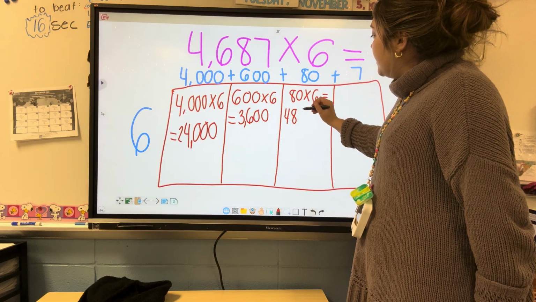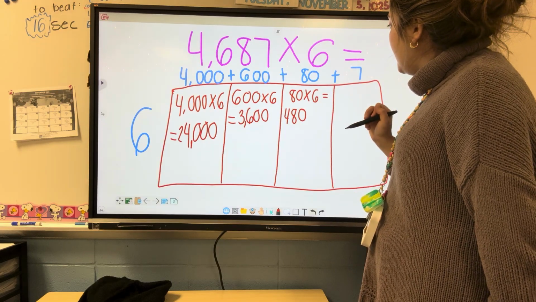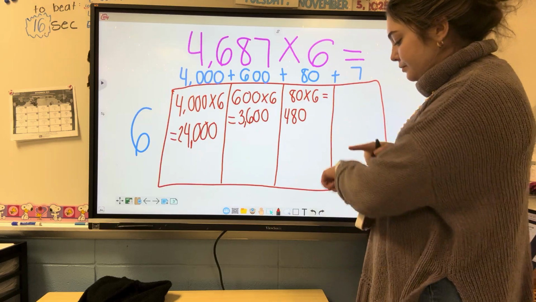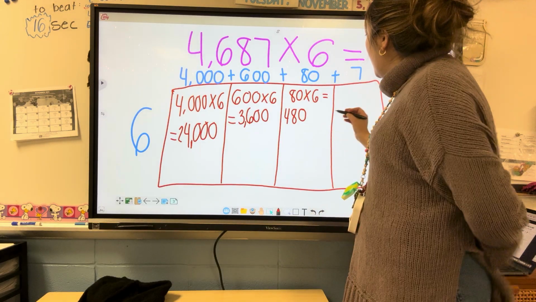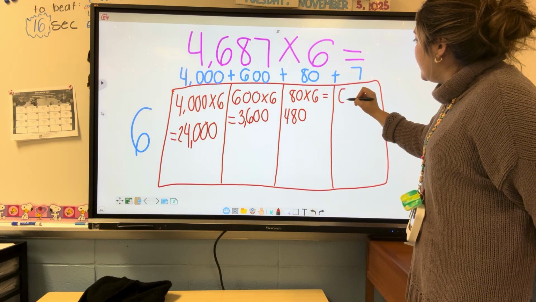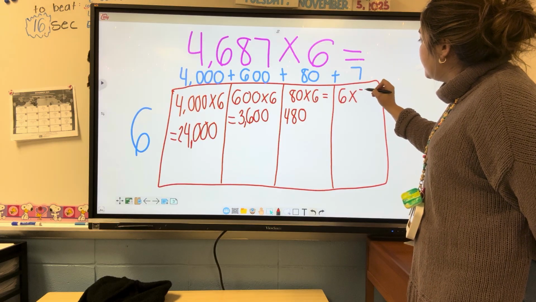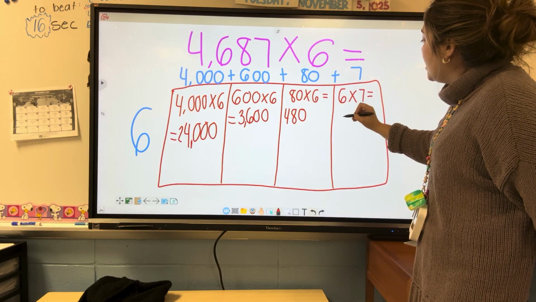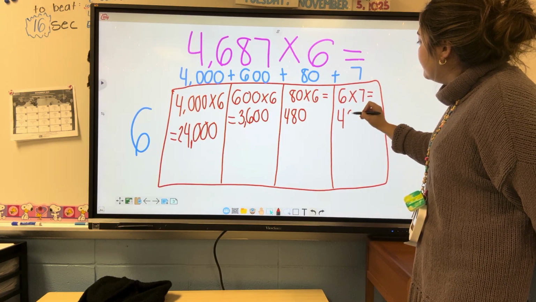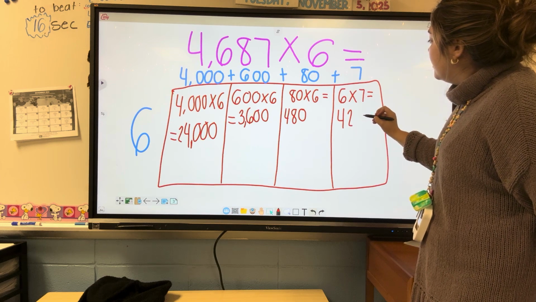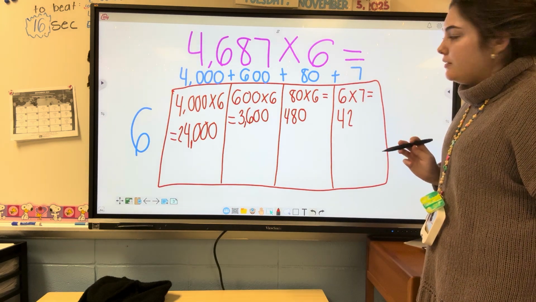And I bring my 0. Okay, now, I know 6 times 7 equals 42. And there's no 0, so I don't need to bring anything over.